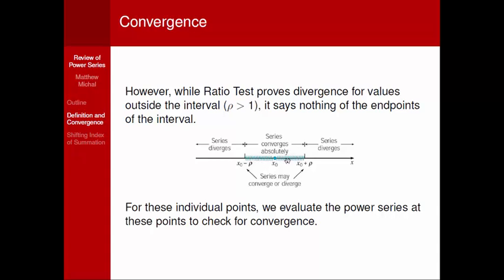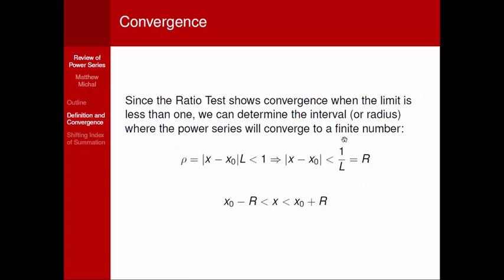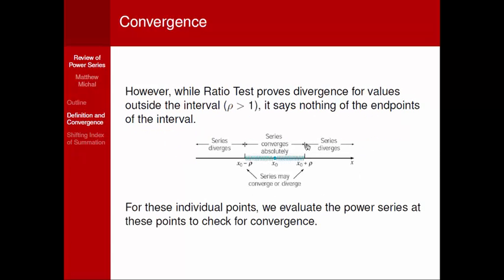Remember about absolute versus conditional convergence? Because we take our absolute values here, we're taking the absolute value of the series, which implies absolute convergence. And as always, when we're outside this range, we have divergence because rho is greater than 1.